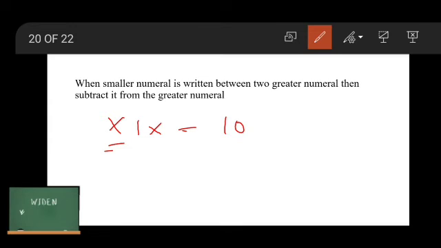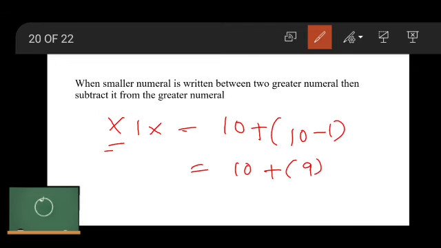We have to subtract it from the greater numeral. So 10 plus 10 minus 1. We know that if a smaller numeral is to the left of the greater numeral, we have to subtract it from the greater one. So 10 minus 1 is 9. 10 plus 9 is equal to 19, and we represent it as XIX.